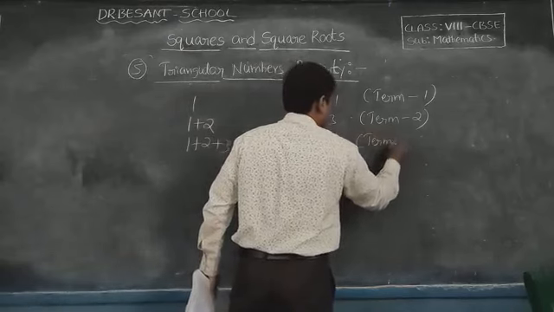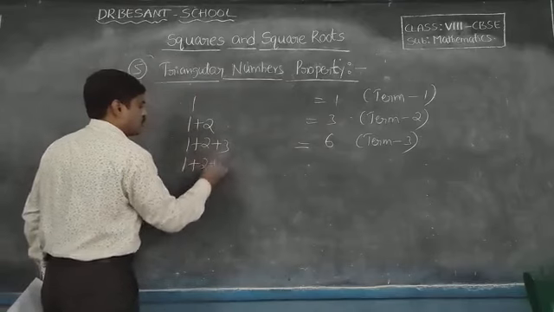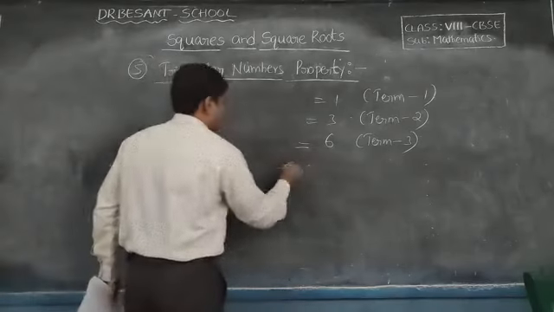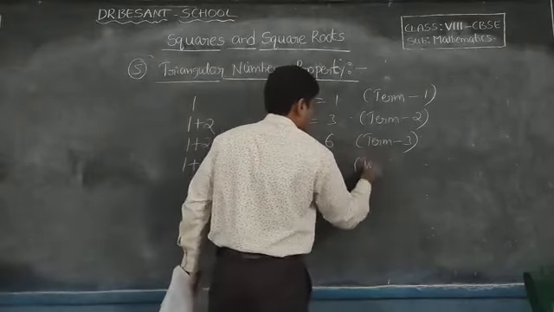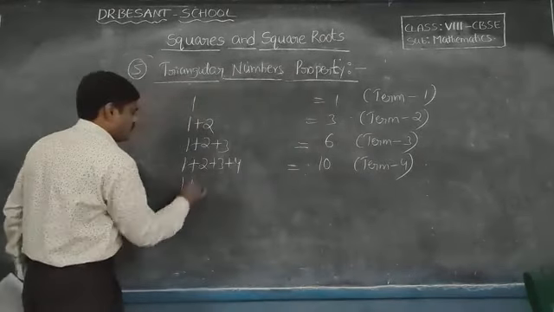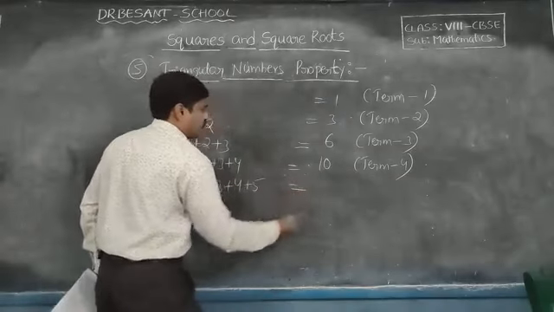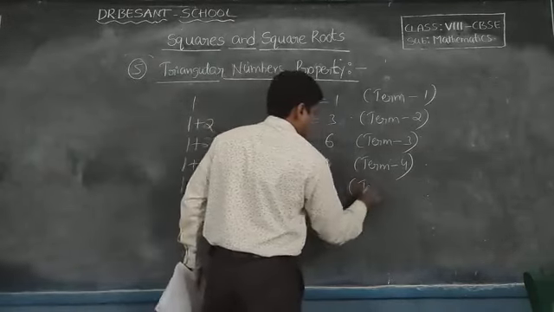This is term 3. 1 plus 2 plus 3 plus 4, 10 now. Term 4. 1 plus 2 plus 3 plus 4 plus 5, 15.